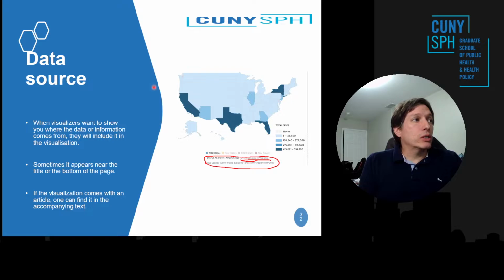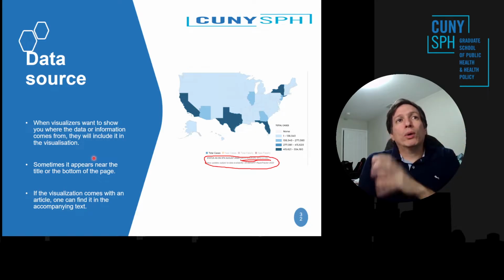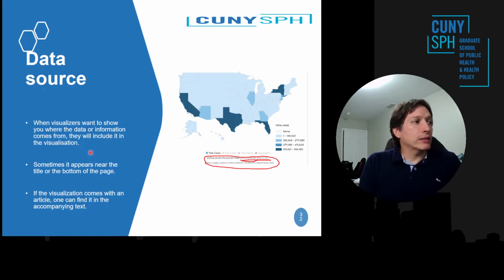Now, data source is another element that is really important in a visualization and has to be presented. Where is that data coming from? Or did it just magically appear? How we achieve that is really important in creating confidence.